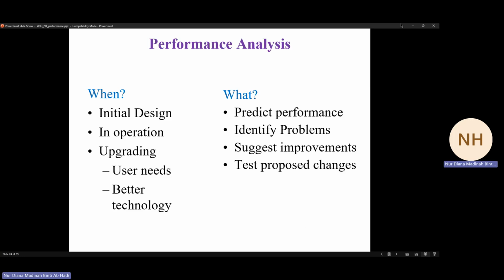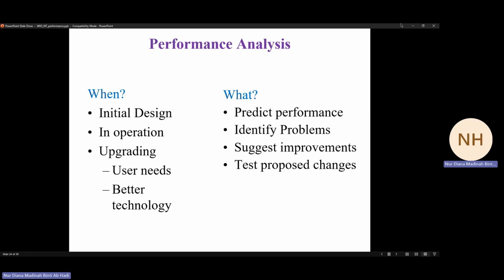So performance analysis, we need to do it, when and what is to be done? We need to cover it during the initial design, during the operation, and when you want to do the upgrading. Why do we usually want to do the upgrading? Because users need it, and when we have a better technology. So what is to be done when we do the performance analysis? We want to predict the performance. Once we predict the performance, we can identify our problems.